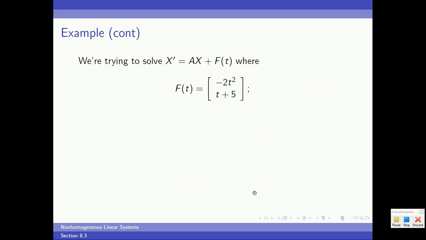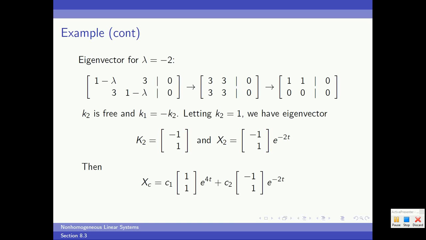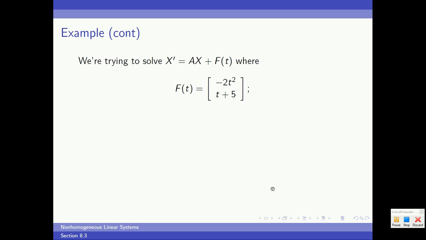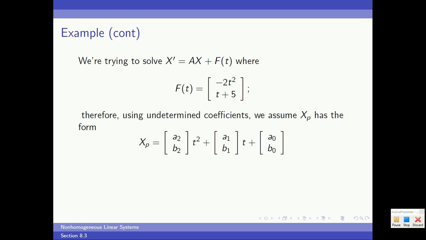Okay, so now we look at our f of t. f of t is negative t squared, t, plus 5. Notice that none are repeats of our homogeneous solutions; it's a polynomial and doesn't have any exponentials in it, so we don't have to worry about any duplications. So we're going to say that we have a polynomial form for our xp.